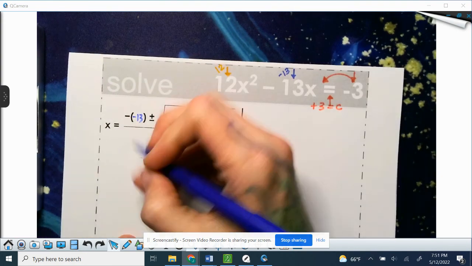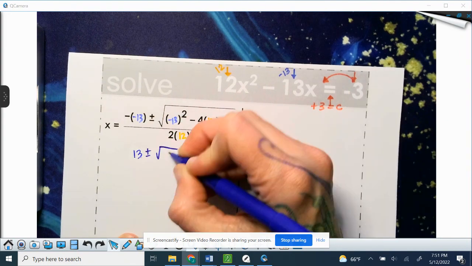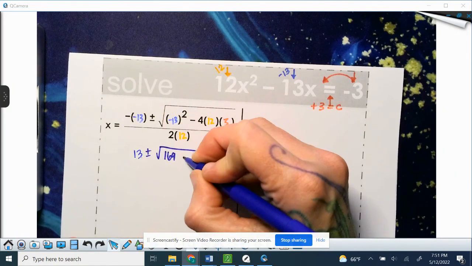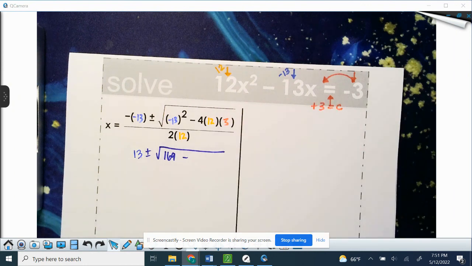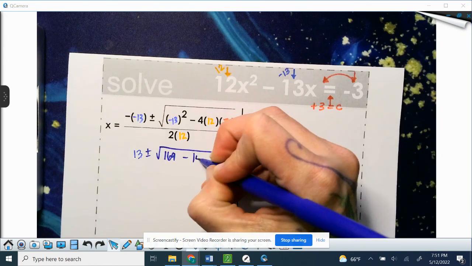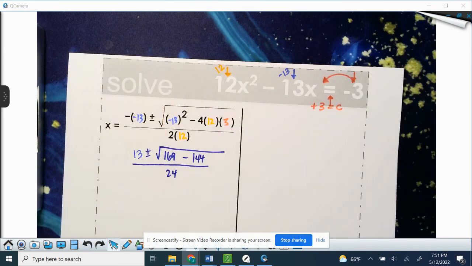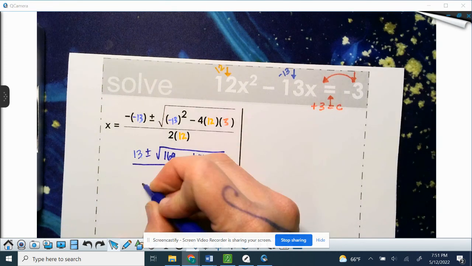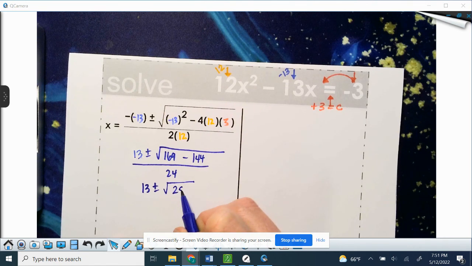So it's going to be 13 plus or minus. Now we're going to square 13. 169 minus 4 times 12, which will be 48, and 48 times 3 is going to give me 144. And 2 times 12 is going to give me 24. 169 minus 144 will give me 25. So I have 13 plus or minus the square root of 25 all over 24.